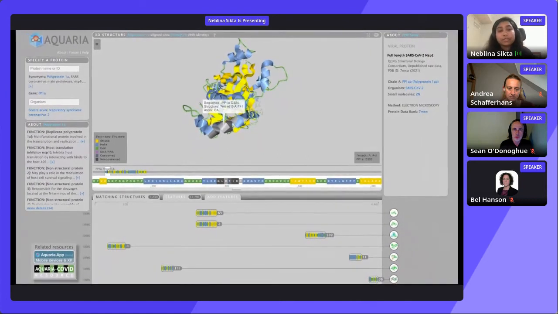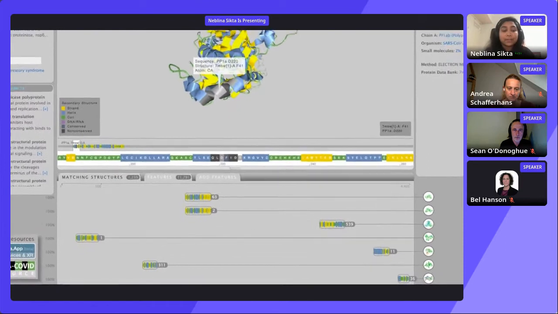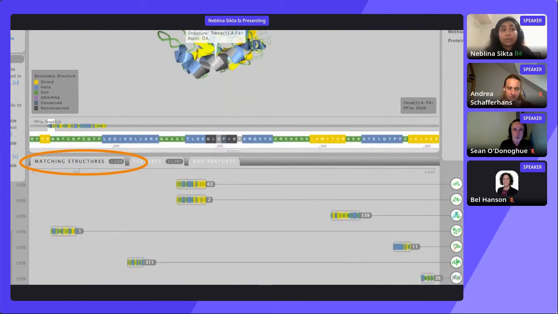You'll find a visual summary of all the matching structures for the sequence in the matching structures panel. Currently, there are over 1,200 structures that match the polyprotein 1A sequence of the SARS-CoV-2 virus. In this panel, the structures are first ranked by the identity score and then by the length of the region that each of them covers.